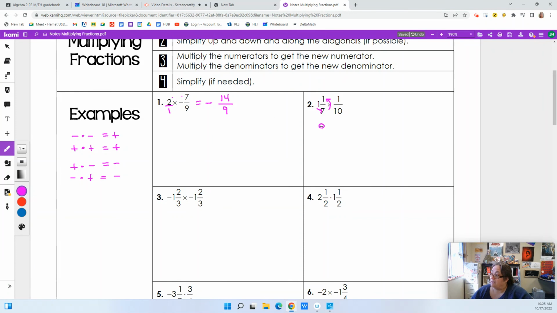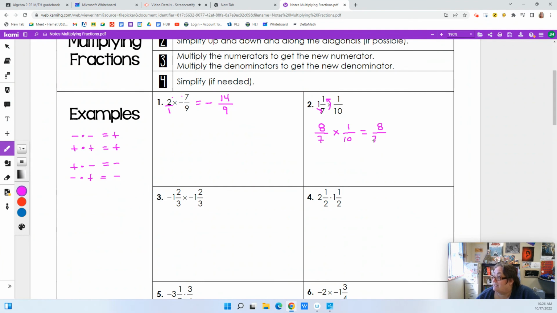So we have 8 over 7 times 1 over 10. Now, I could simplify that 8 and 10 right now if I wanted to. I could cross simplify because they're both divisible by 2. But I think it's just as easy to multiply them across. 8 times 1 is 8.